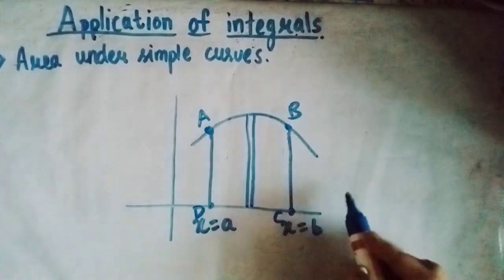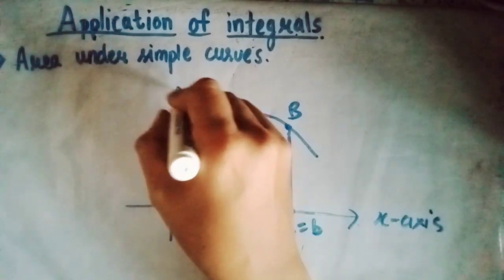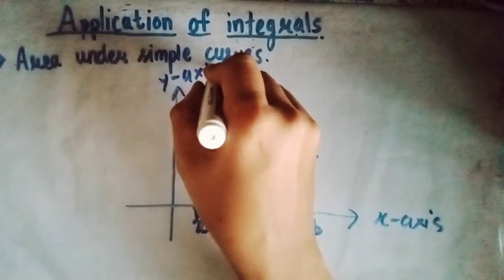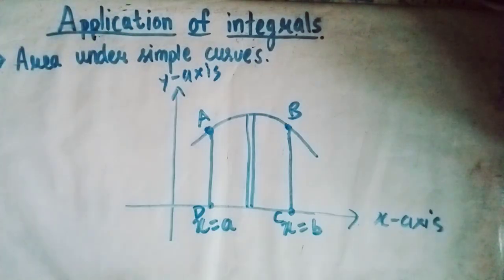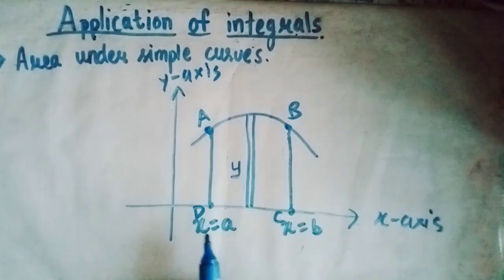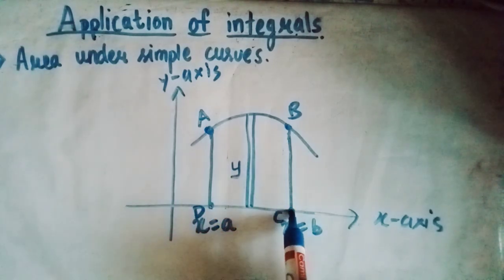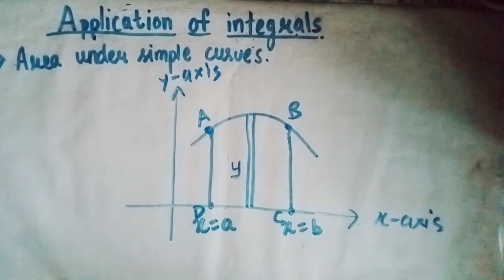This is your x-axis and this is your y-axis, right? So this distance is your y, the strip is y. And we are moving from x equal to a to x equal to b. So this becomes our limit.